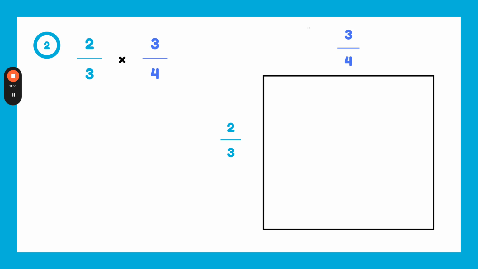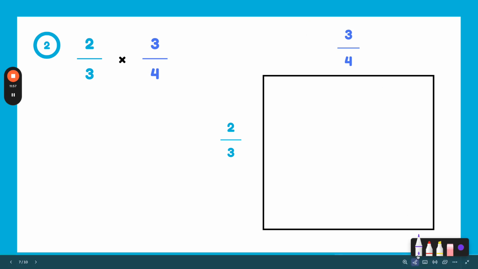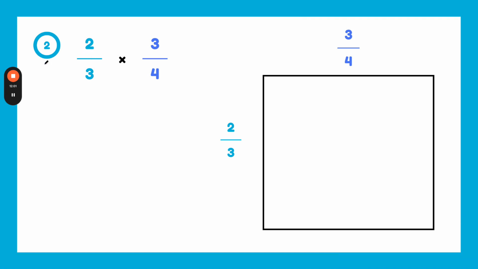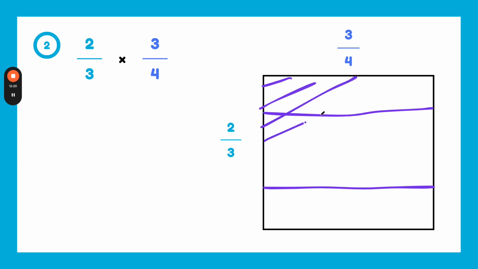And in a similar idea, if we wanted to show this sum, which was on the previous slide, 2/3 times 3/4. We first represent 2/3. So we split our square into 3 pieces, and we shade in 2 of those pieces to represent 2/3.